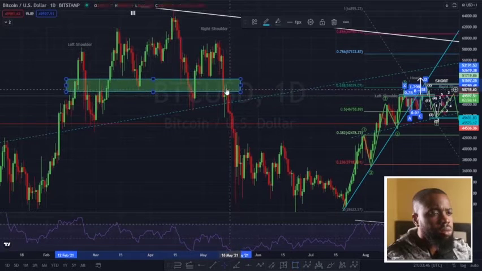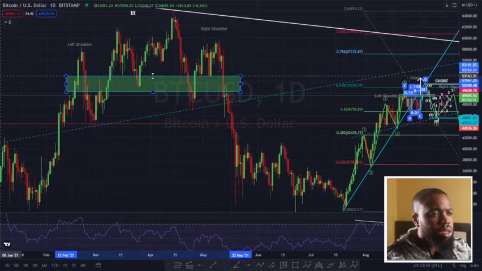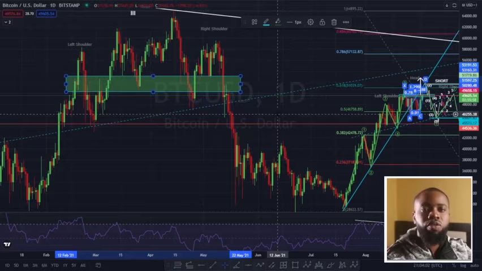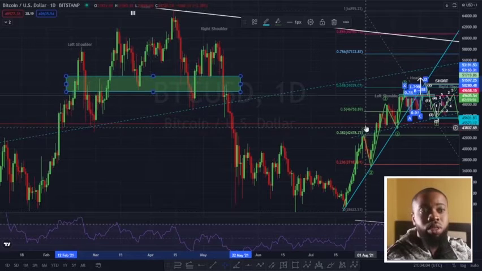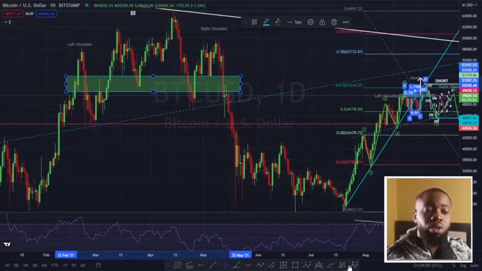Okay, so then we can also drag this one up like this. I'll probably just leave it there. Maybe take it up like this. So this would give me my potential range of resistance. All right, if we start jumping closer, if we start moving closer to the 0.618.